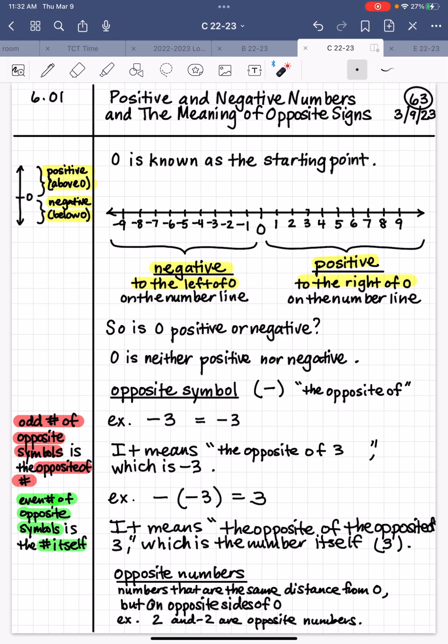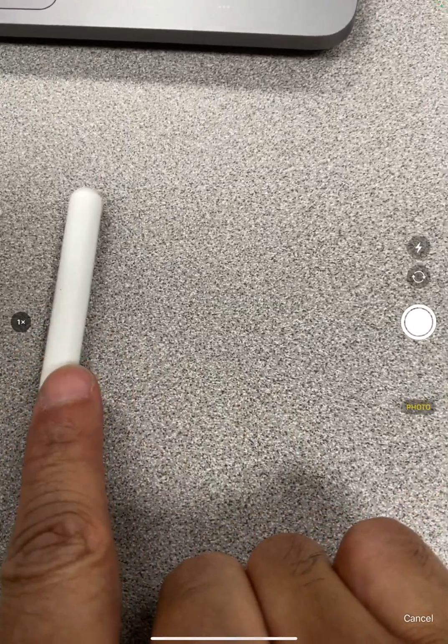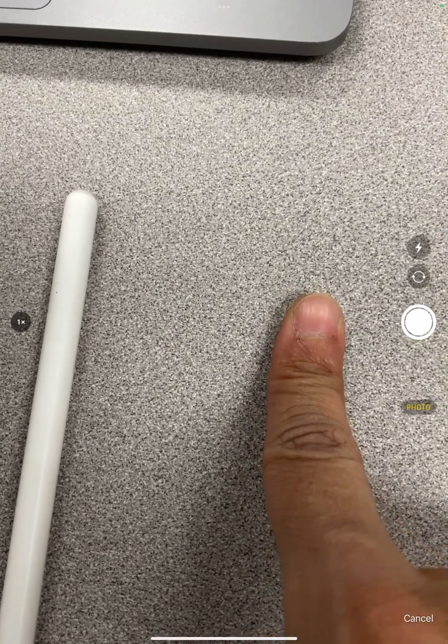Okay? Now this works better with a visual, and I hope that my camera will allow me to show you this. Okay, so say this is 0, the pen is the 0, and then we have 3 units to the right.